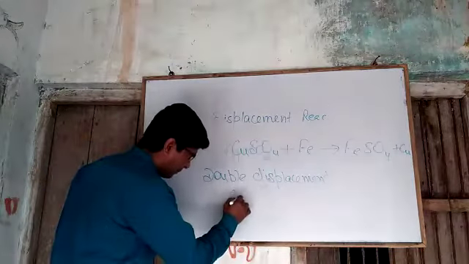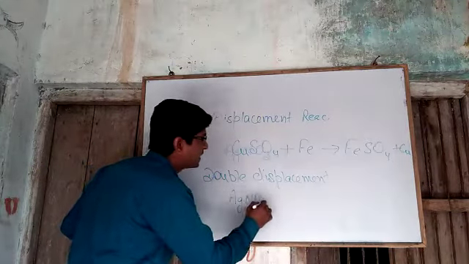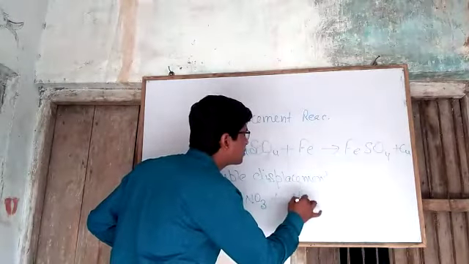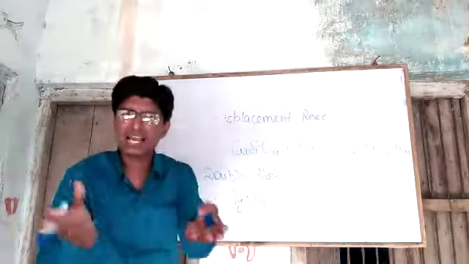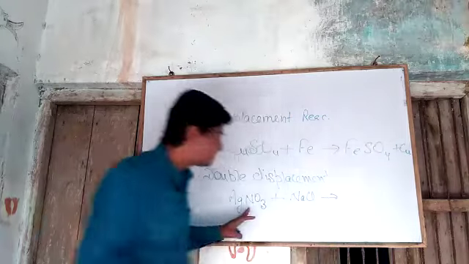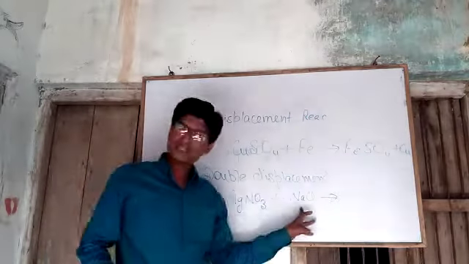Suppose there is a compound, silver nitrate, and another compound we are taking, sodium chloride. Sodium chloride is common salt that we use as a food item. Silver nitrate is also a salt, and sodium chloride is also a salt.